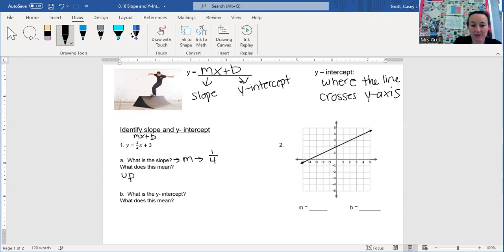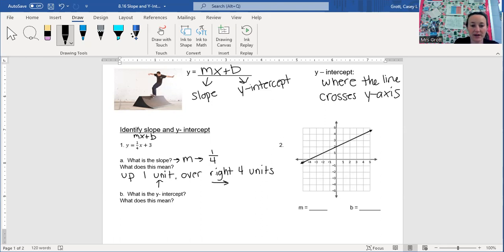And more specifically, it's going to go up 1 unit. And then it's going to go over right 4 units. Okay. I'm going to go up 1 unit, and then I'm going to go over 4 units to the right because it's positive.